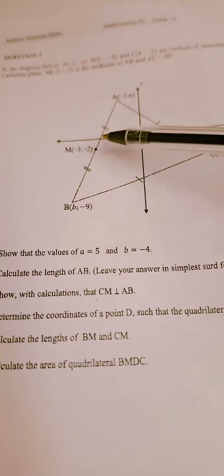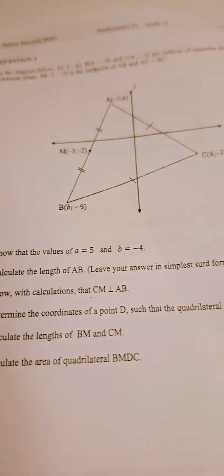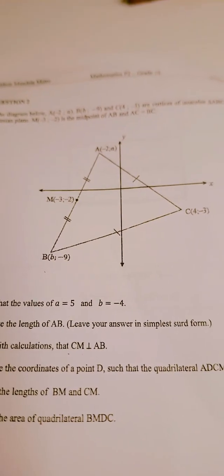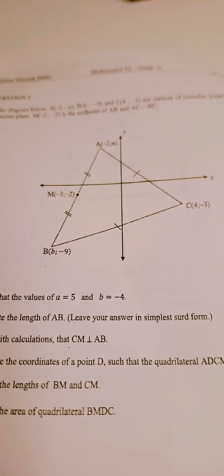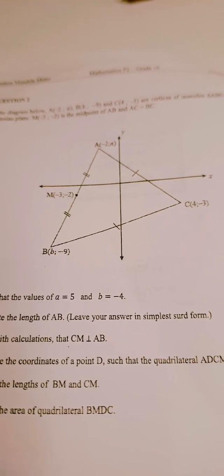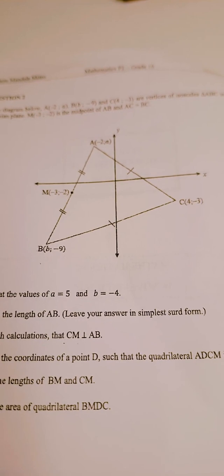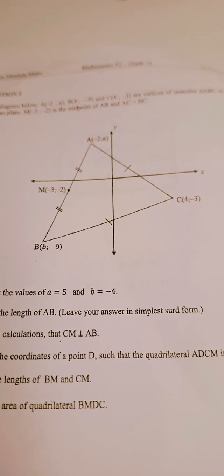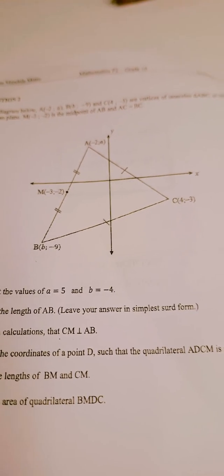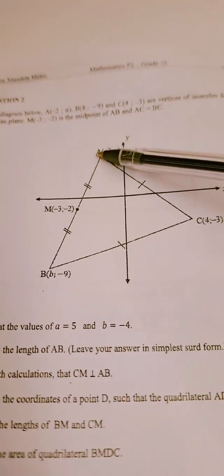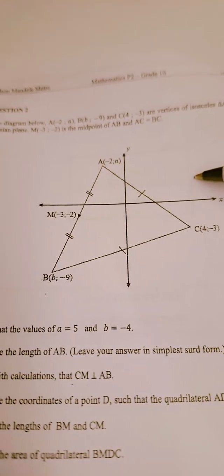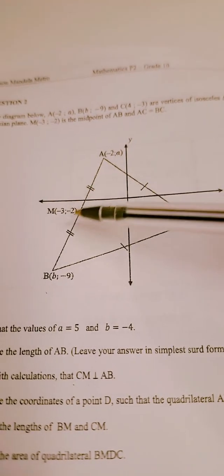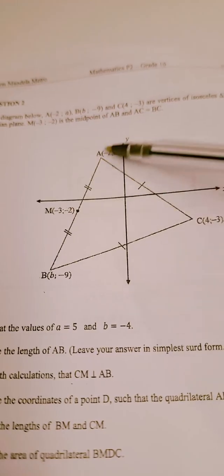Remember, we have the coordinates of D, right? And I guess what we need to first establish is what type of quadrilateral we have there, BMDC. Because if we are aware what type of quadrilateral it is, then we should be good as far as calculating its area. Do we have an idea? Because remember, we had ADCM, right?